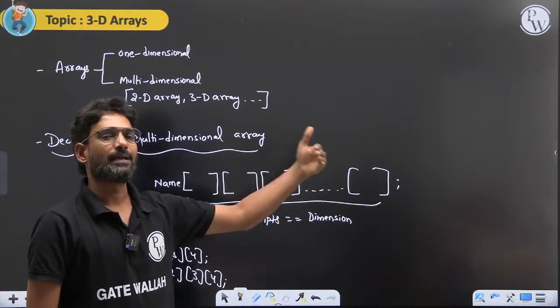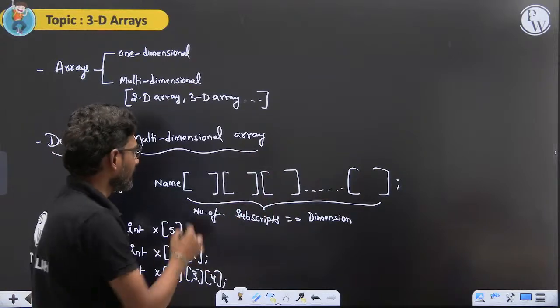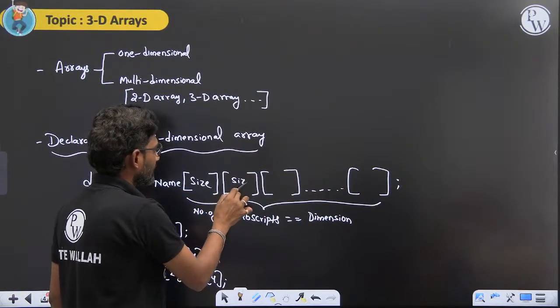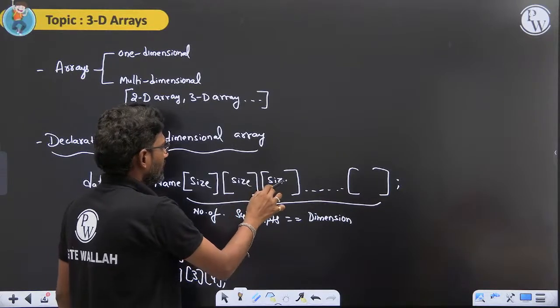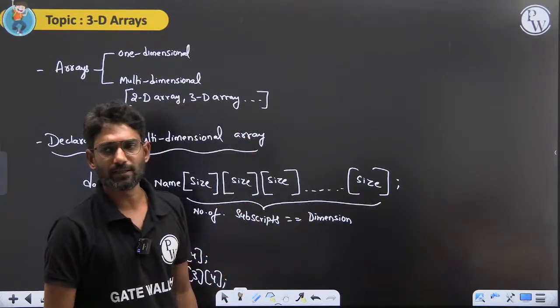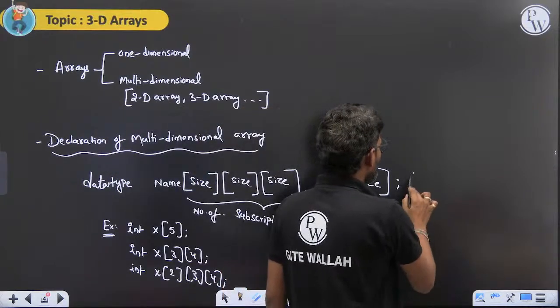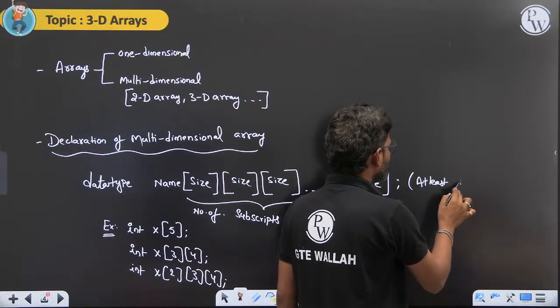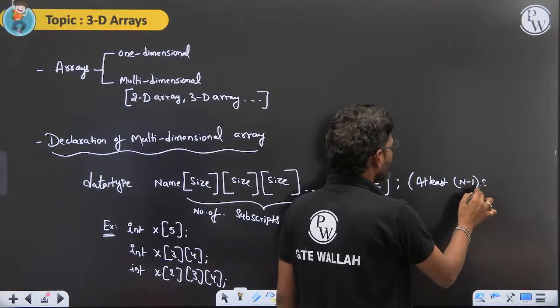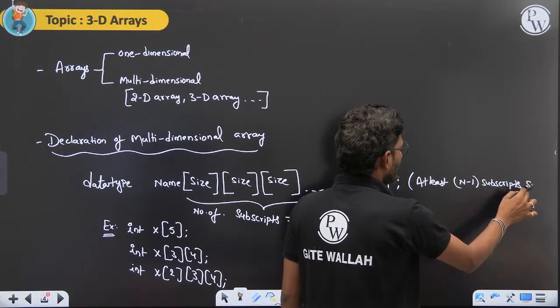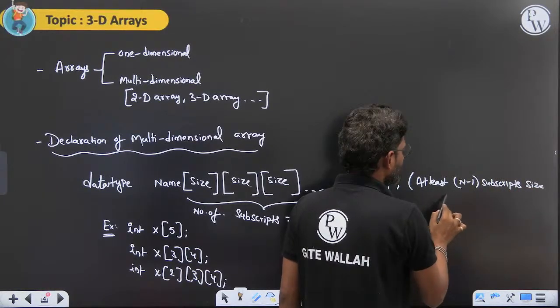For an n-D array, n subscripts we write, and in every subscript we will mention the size. In how many subscripts we have to mention the size? At least n minus 1 subscripts should be filled with size.